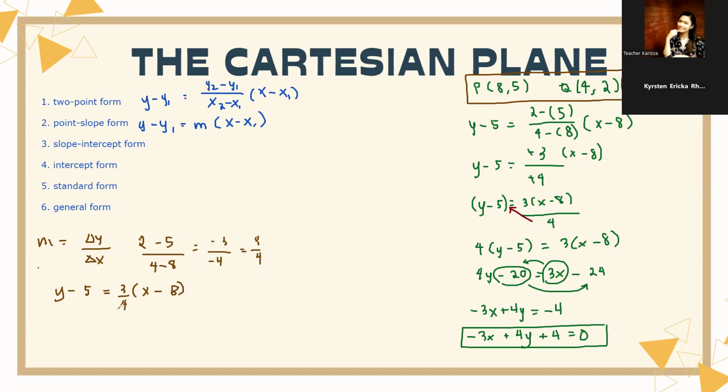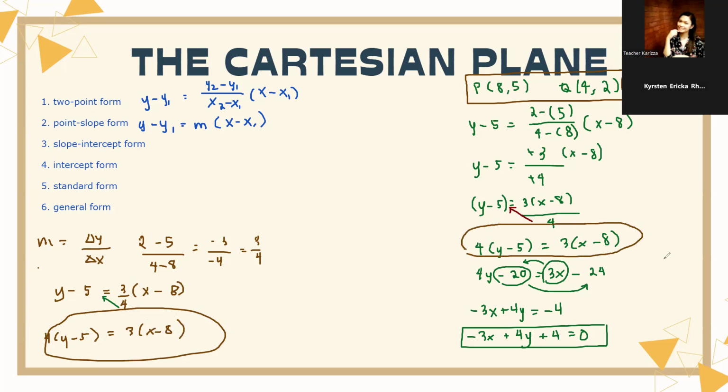So we transpose, have 4. So we have 4 times y minus 5 is equal to 3 times x minus 8. Now, if you notice, we arrive at the same equation, right? So if we continue solving this, that means we should also get this equation. So just to show that regardless of the type of form that you use to solve for the equation of your line, you will always arrive at the same one, except the forms differ kasi iba-iba yung focus niya.